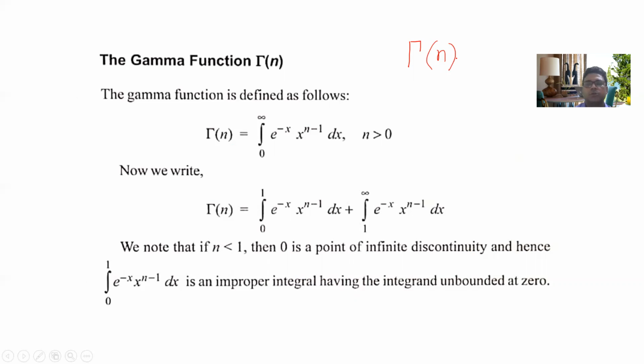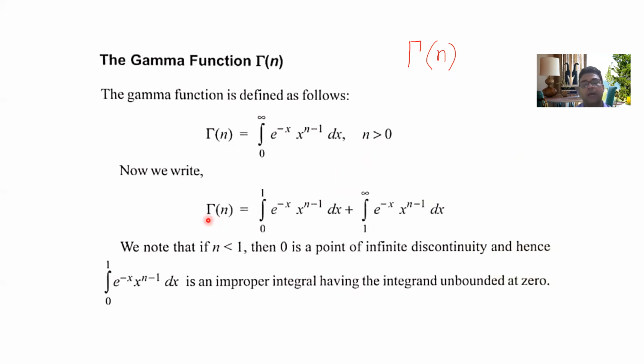Now, the gamma function is defined as follows: gamma n is equal to the integral from 0 to infinity of e to the power minus x, x to the power n minus 1 dx, where n is positive. So this is the main condition. Your n should be positive.